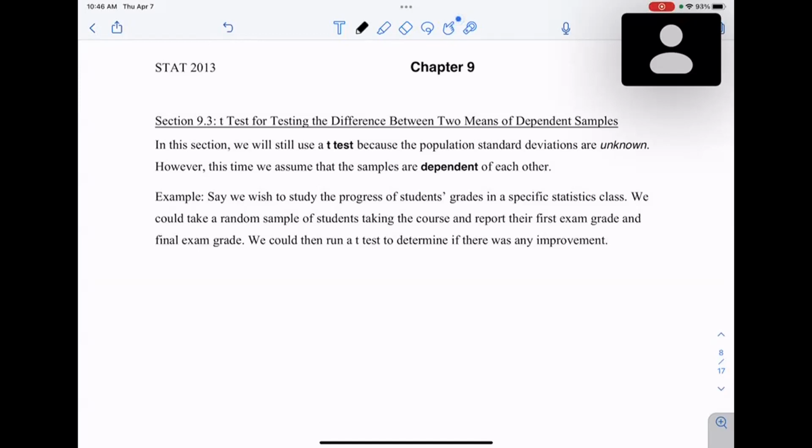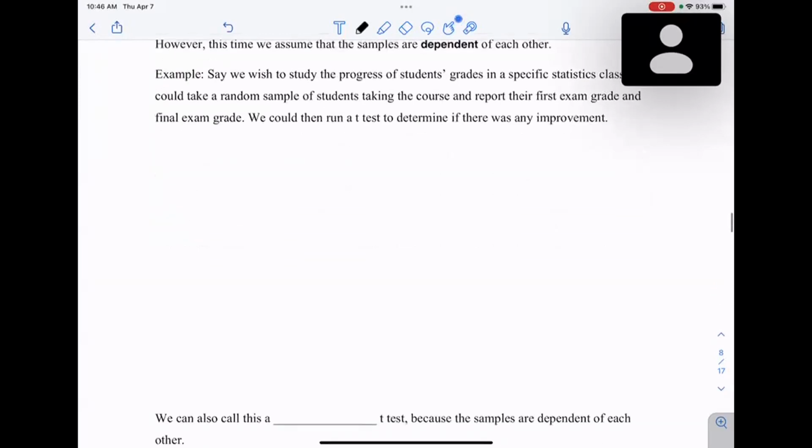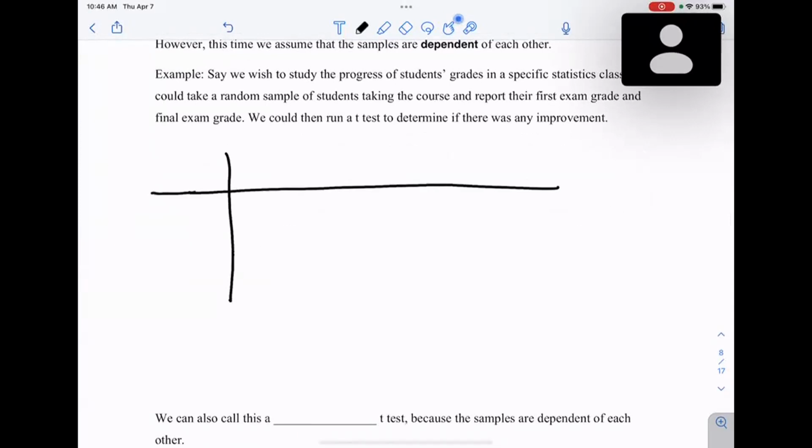So what the setup would look like is something like this. Here at the top, you have, say, students, and you have their first exam grade here, and their second here.